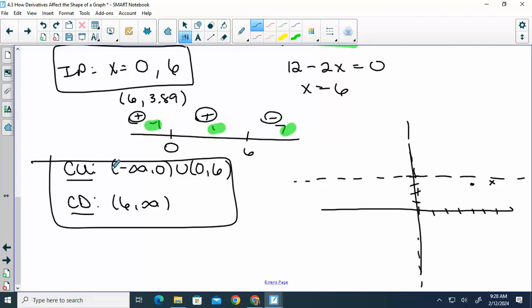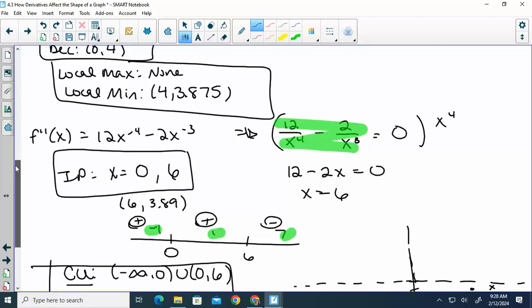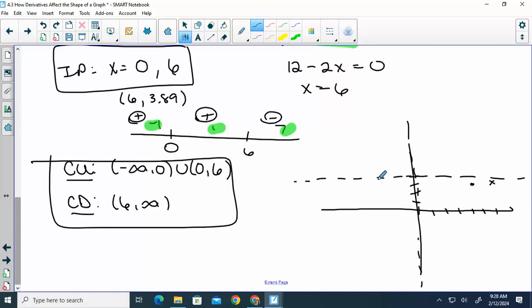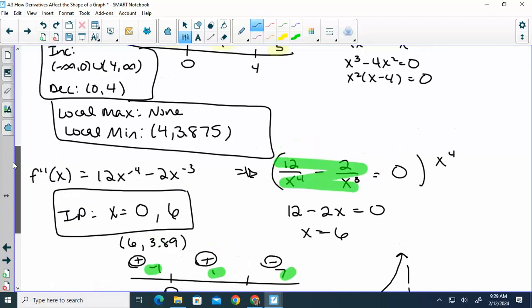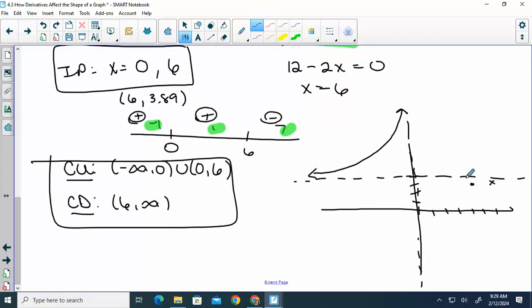Okay, so we start out, our graph is curving upward and increasing. And we know when you're dealing with asymptotes, your graph is approaching it. So going upward, curving upward and increasing would look like this. Then we have to stay curved upward, but our graph is going to decrease until I get to 4. So curving upward but falling, so it means I'm going to cross my horizontal asymptote.